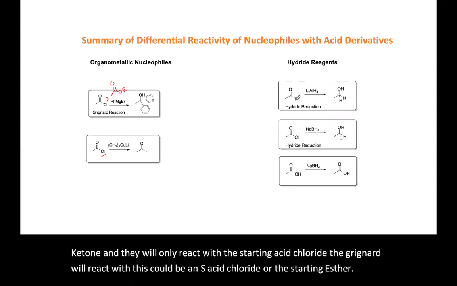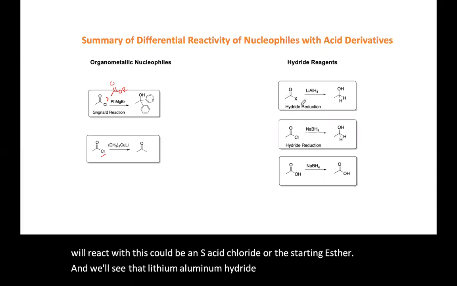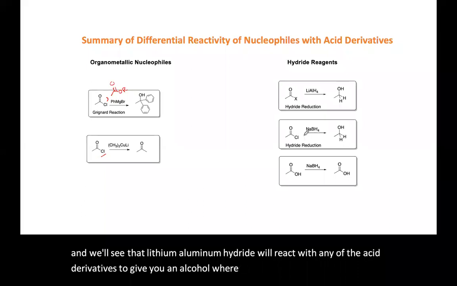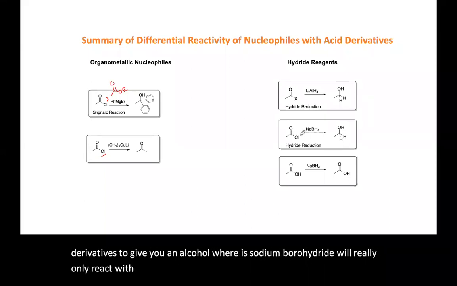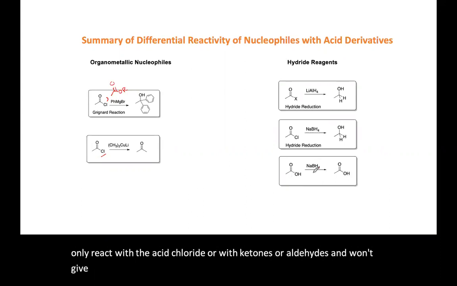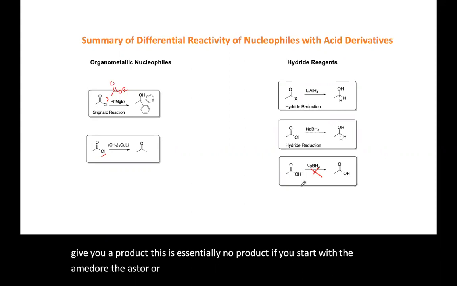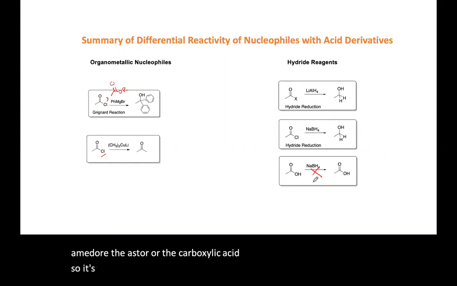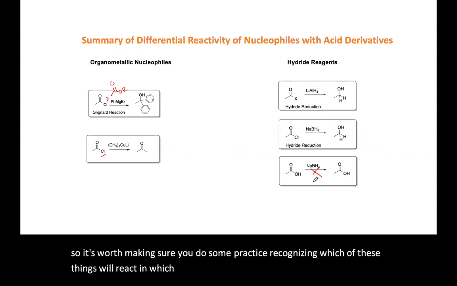And we'll see that lithium aluminum hydride will react with any of the acid derivatives to give you an alcohol, whereas sodium borohydride will really only react with the acid chloride or with ketones or aldehydes and won't give you a product. This is essentially no product if you start with the amide or the ester or the carboxylic acid. So it's worth making sure you do some practice recognizing which of these things will react and which won't, looking at the variable reactivity of both the nucleophile and the electrophile.